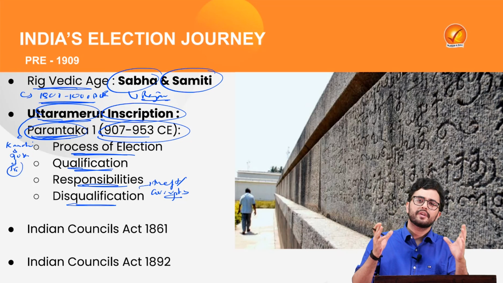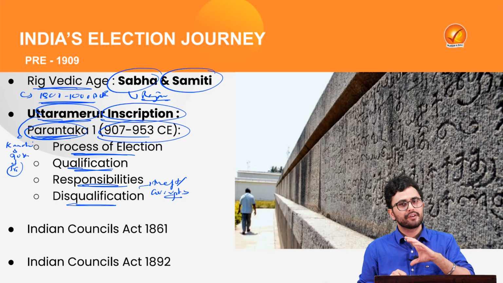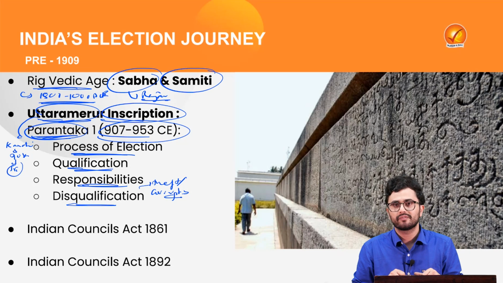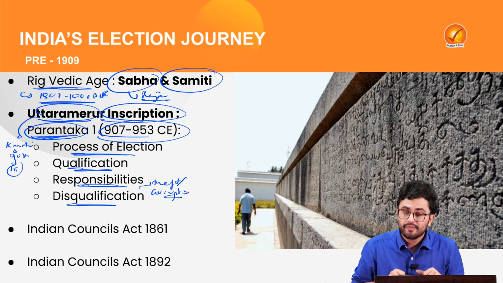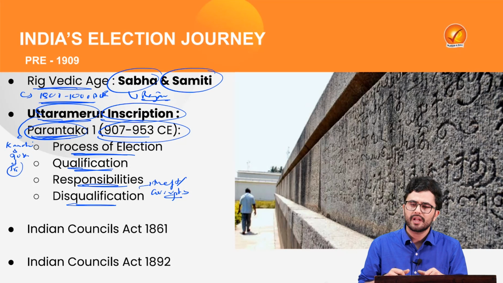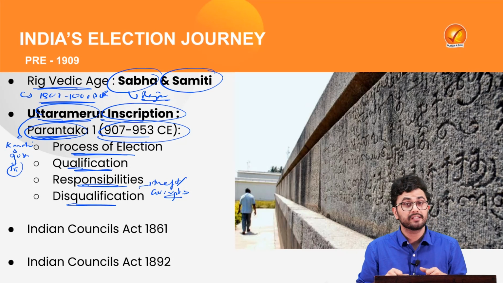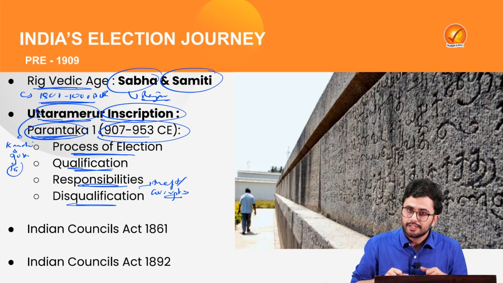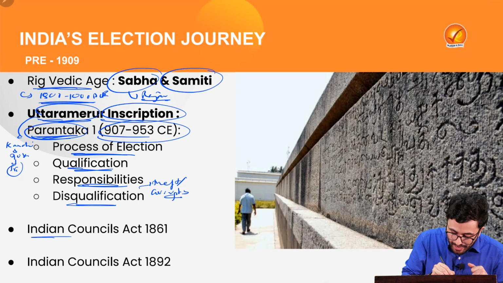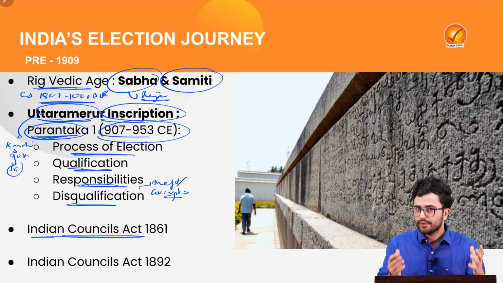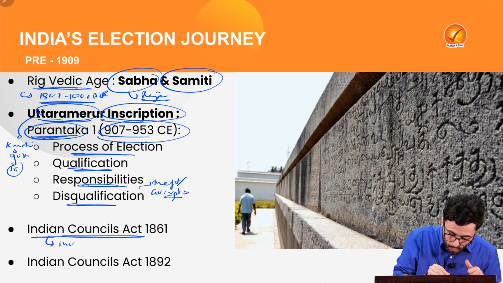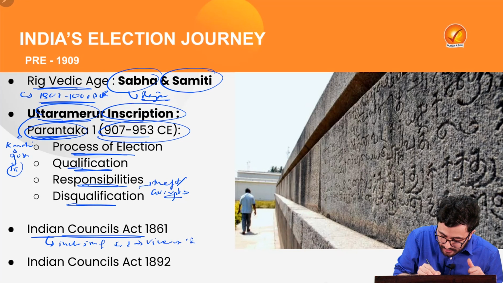It was the year of 1857 and the revolt had shaken the conscience of the Britishers. The revolt of 1857, which has been termed as the first war of independence by V.D. Savarkar. Thus, under the Indian Councils Act of 1861, for the first time, the Britishers provided for the inclusion of Indians in the Viceroy's Executive Council.